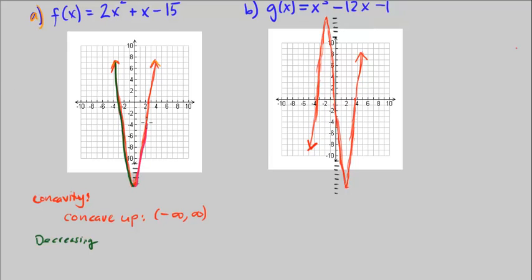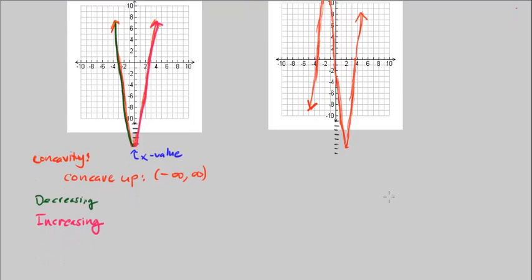Now we're going up, up, up. So pink is increasing. This point right here, we don't know exactly what x is yet, but it's around negative 0.5 or so. The x value here is where it goes from decreasing to increasing.